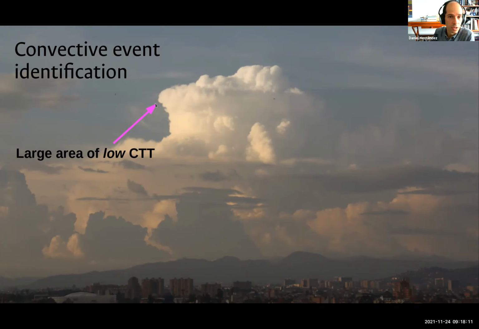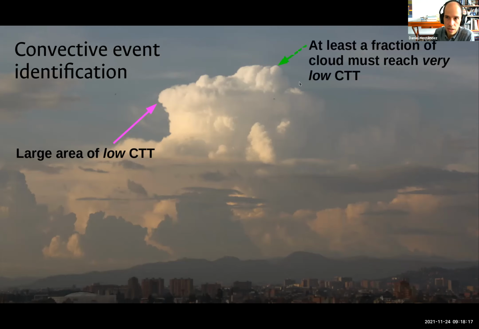But not just that, we would also expect to see at least a fraction of that be not just low, but very low. I haven't defined exactly what low and very low mean, but in qualitative terms, we expect that because we have these strong updrafts that may produce even overshooting at the cloud top. That must generate some very low cloud top temperature above this larger area of low cloud top temperature.